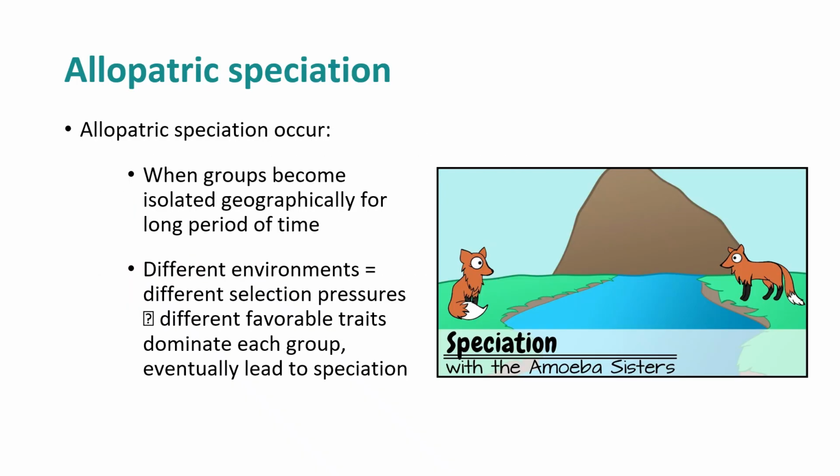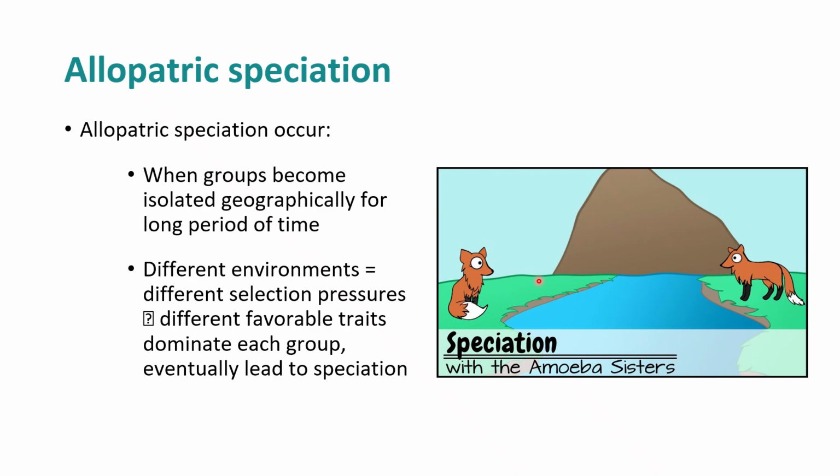Let's focus a little bit more on allopatric first. Allopatric speciation, again, is caused by geological isolation. This happens when a group of individuals from the same species gets separated into some sort of isolated geographical area for an extended period of time. And again, an extended period of time isn't days, months, or years. It's usually hundreds of years.